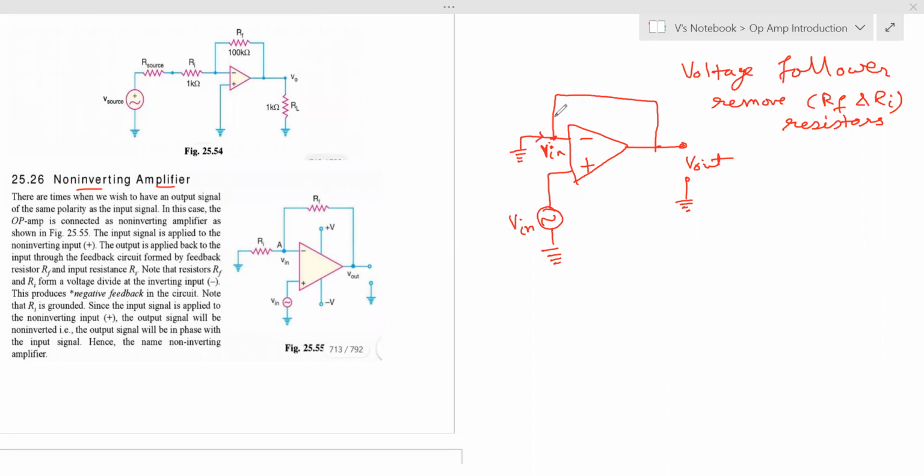The same current flows, II and IF. So the same input we are getting, no resistor. So input equals output. So what output are we getting? The same as the input. That's why it is called a voltage follower. Output follows input. Output voltage follows input voltage.